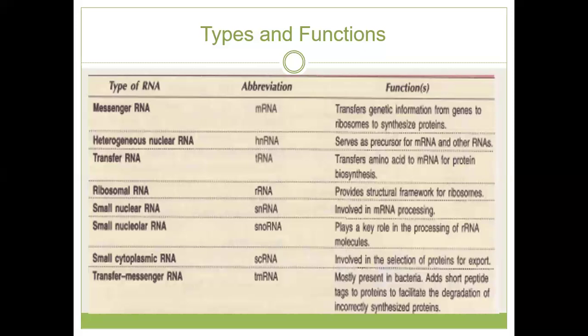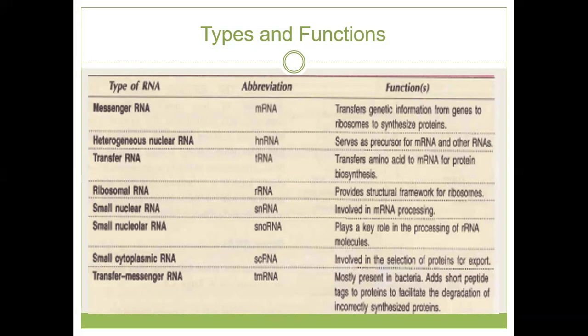The next one, we have small nuclear RNA. Small nuclear RNA is involved in the processing of messenger RNA. We also have small nucleolar RNA, which is also involved in the processing of ribosomal RNA. There is also small cytoplasmic RNA that is involved in the selection of protein for export. When the protein is produced, it needs to be taken out to a different organelle.